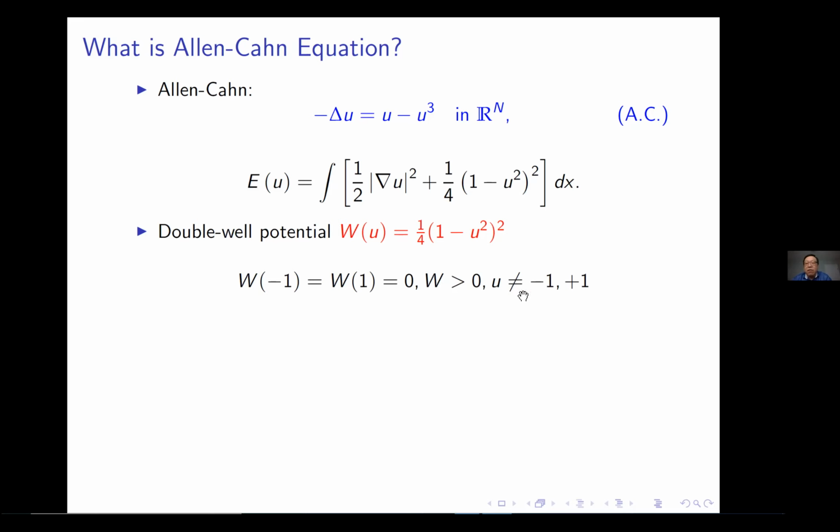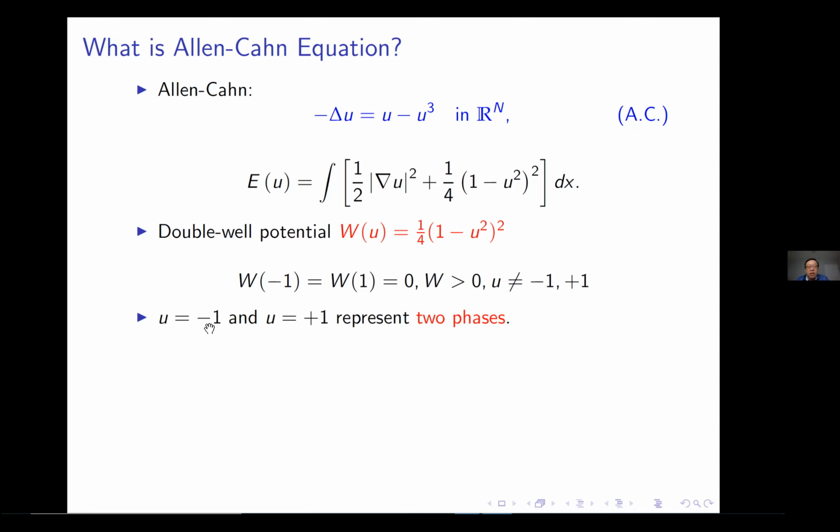If u is not equal to minus 1 or plus 1, then this is strictly positive. So except for these two zeros, W is positive. This is called double well potential.